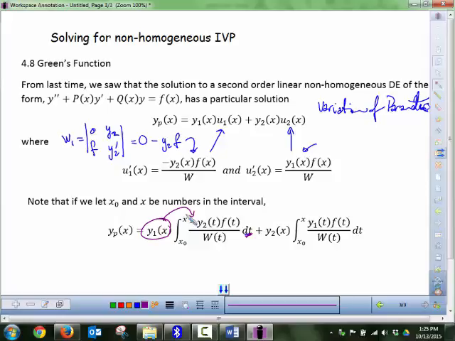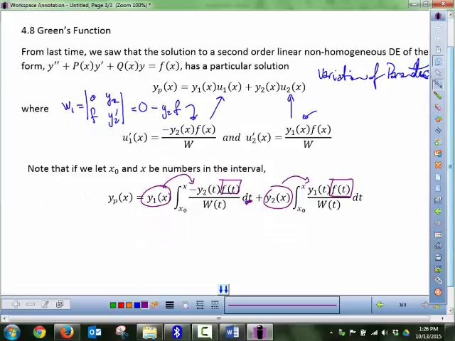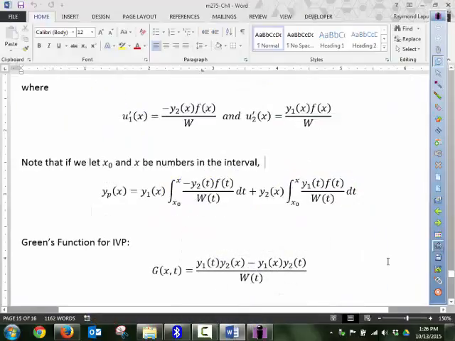So right now it's outside. Mr. Green said put it inside. So we'll do the same for both. They have a common denominator of W. They also have this in common, f of t. So we can think about factoring that out. So now we have Green's function.